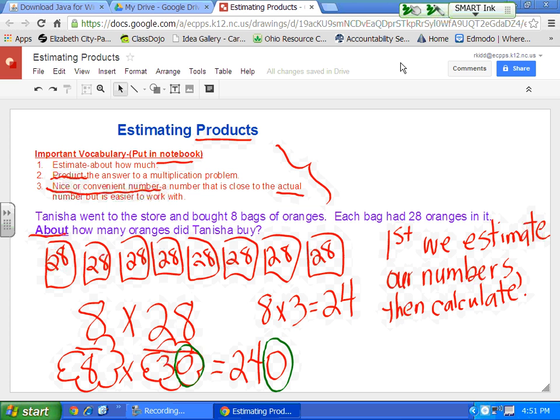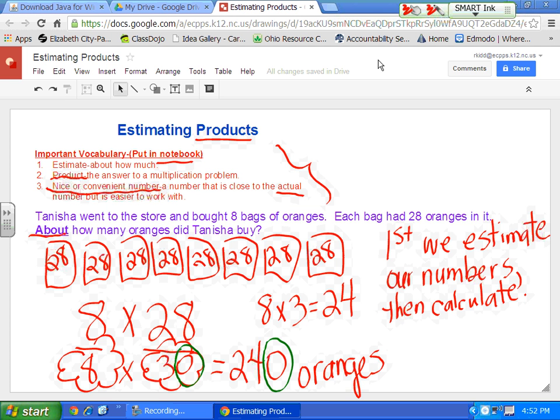So 1 0 will be put behind the 24 in this case. Because 8 times 3 is 24, and we're multiplying by one multiple of 10, so that puts the 0 on the end. So my estimate for this problem is 240 oranges.